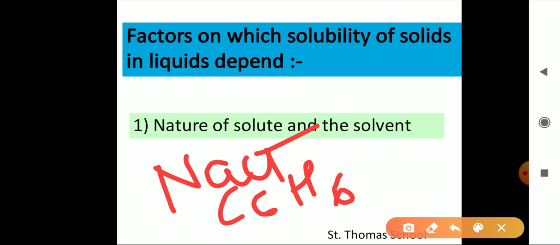What does it mean? It means that polar solutes are soluble in water.